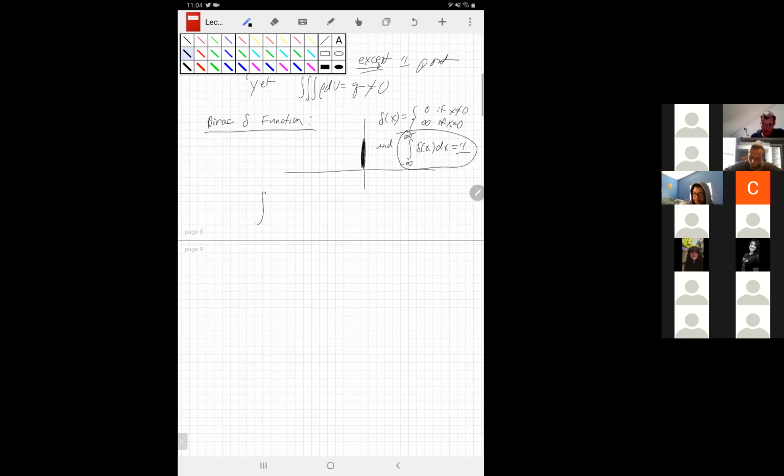But in general, I could write it as the integral from a to b of delta of x dx equals 1 if a is less than 0 and b is greater than 0, -1 if a is greater than 0 and b is less than 0.